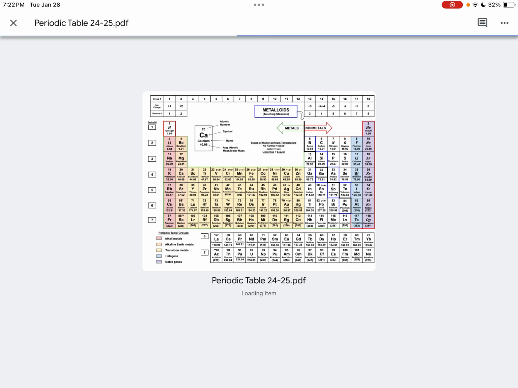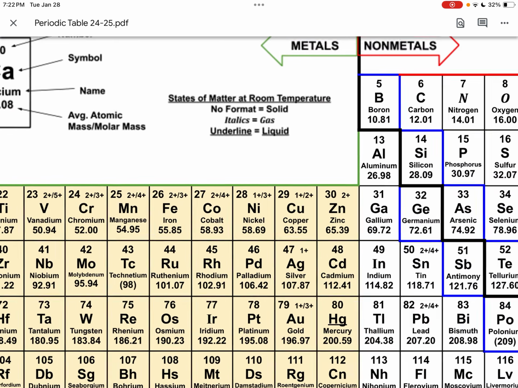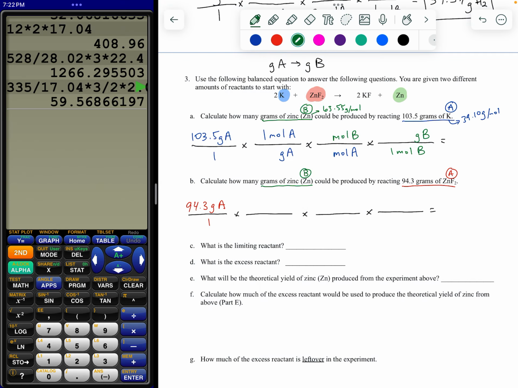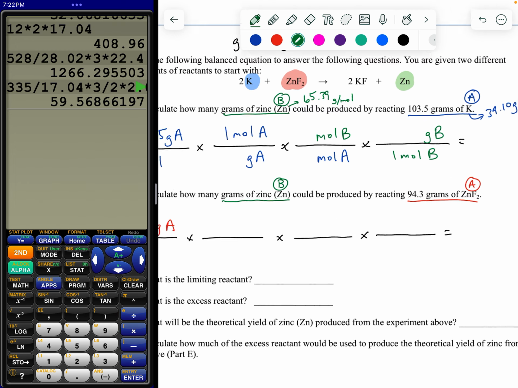So I'll double check, make sure I have this pulled up, but it is 65.39. So hey, good thing I did that. 65.39. I was doing copper. 65.39. There we go. So there's the molar mass of zinc.